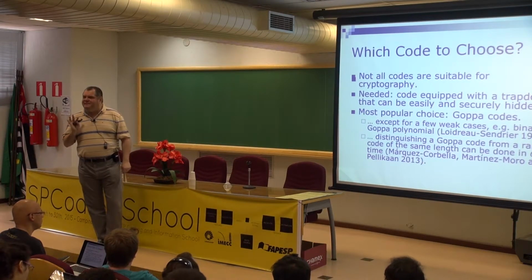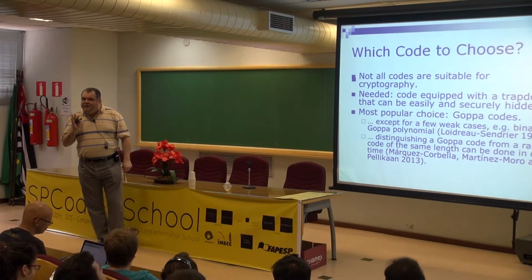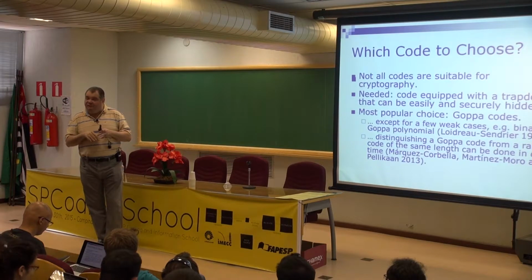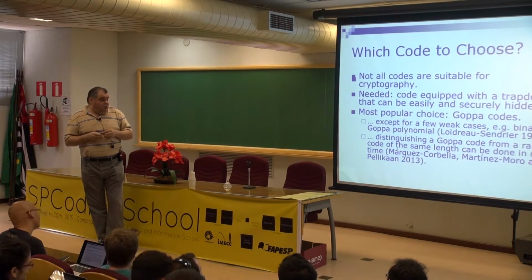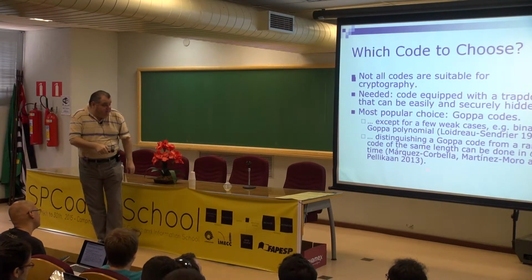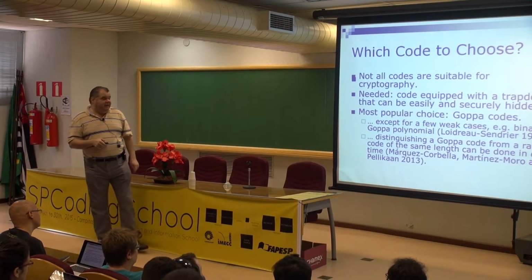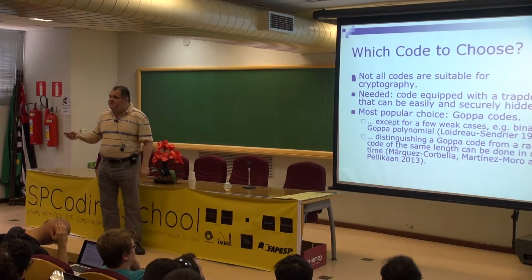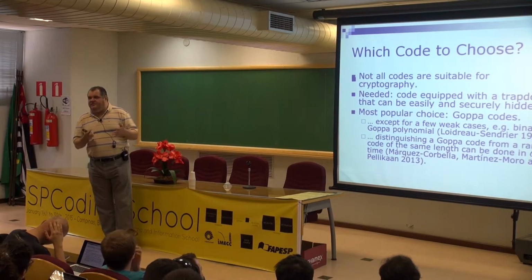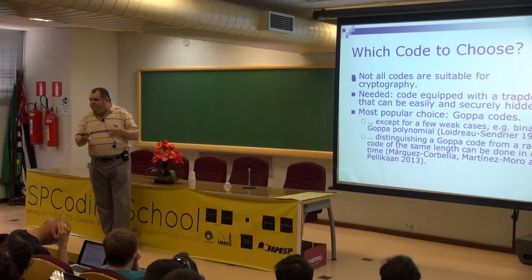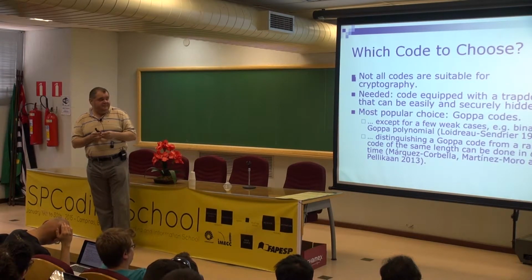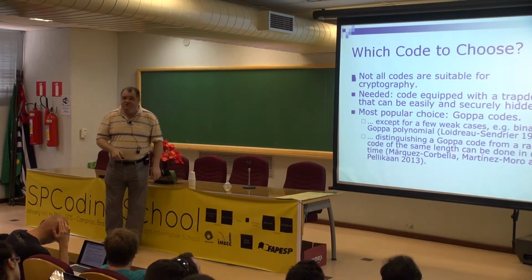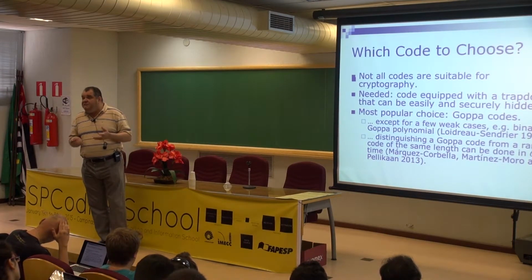So there are a few weak codes in that family, but we can very easily avoid them. We know from a very recent work that we can distinguish a Goppa code from a random code by merely looking at a public generator matrix or parity check matrix. The cost for doing this is essentially quadratic, so it's very efficient.